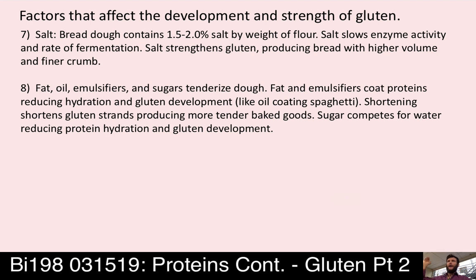So white flour has a really high glycemic index. It spikes your blood sugar rapidly. You don't want to do that because that messes with your pancreas and your insulin levels and all that. You want a slow release of sugar into your blood, and that happens with whole wheat, when your body has to work harder to get the nutrients out of the wheat berry.